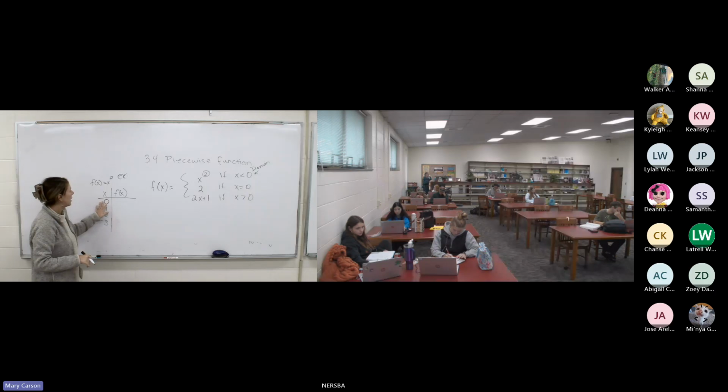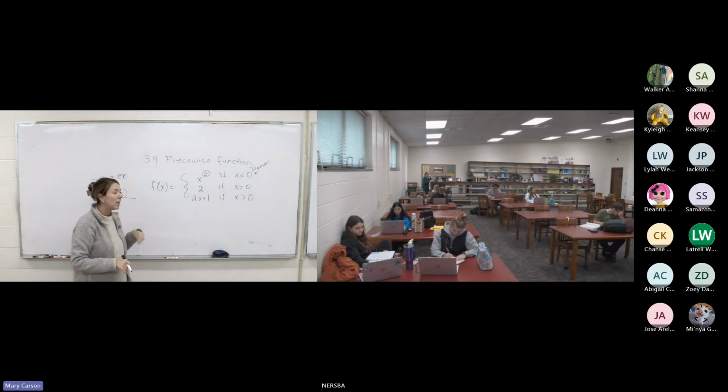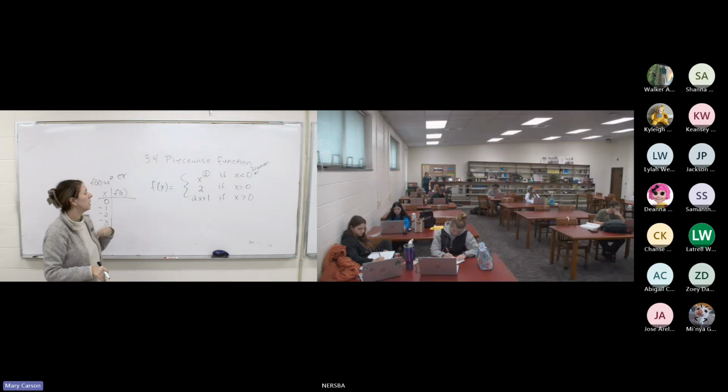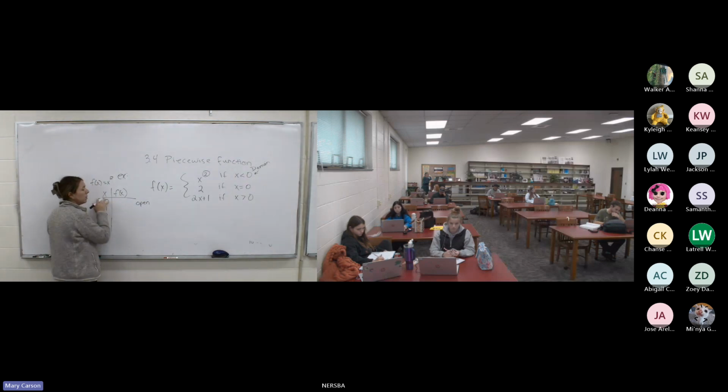So when I do my graph, it says less than 0. So am I going to include 0 or do I not include 0? Not include 0. So that means it's going to be an open circle here. I'm putting it here just for the sake of graphing. So we still have to put 0 in here, but we're going to have an open circle on that number.